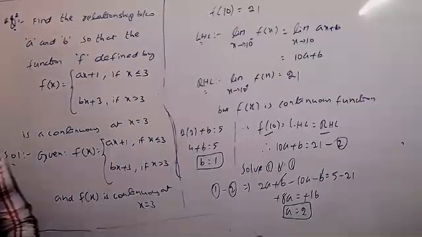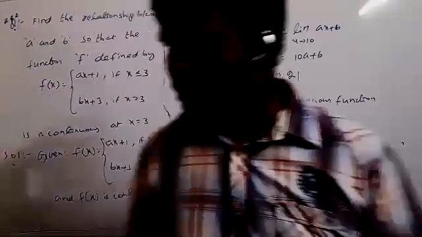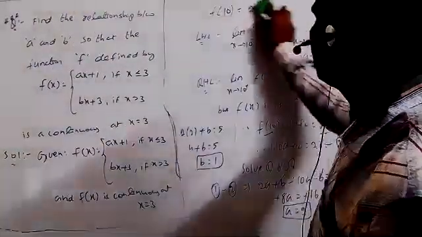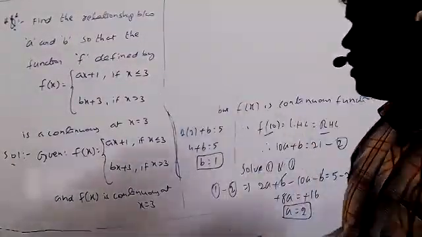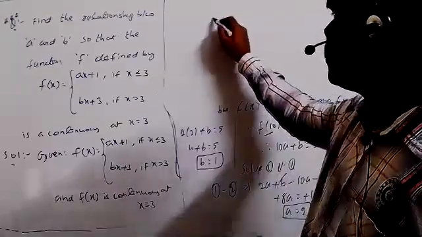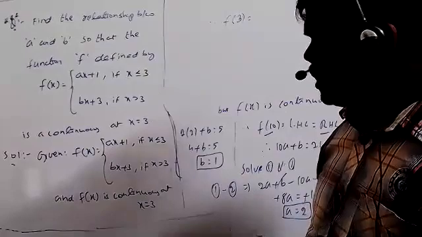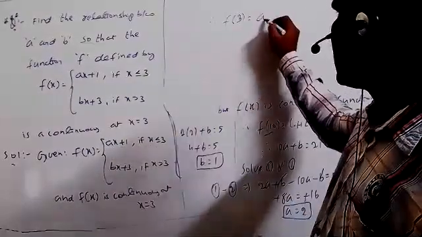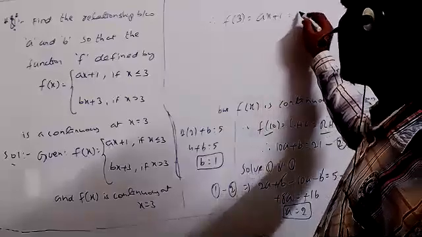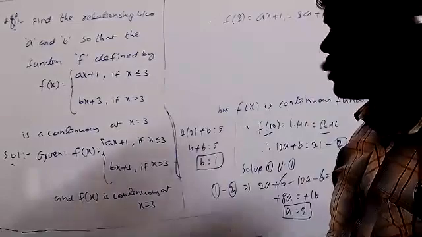That is given. So now we can find the value. f of 3 we can find because we have to take x equal to 3. If we take x equal to 3, the function we have is ax + 1, which equals 3a + 1. That is one condition.